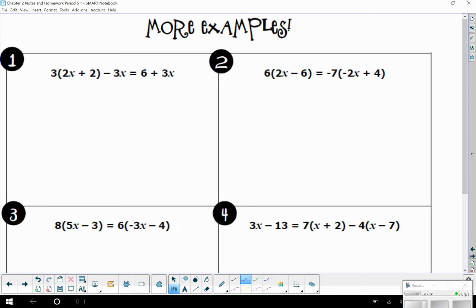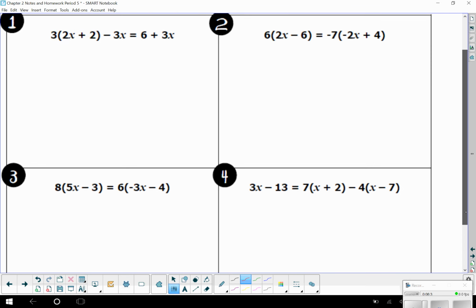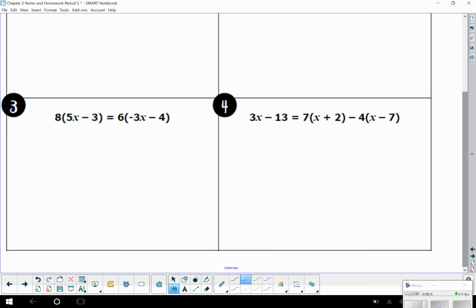So what I'd like for you to do on the rest of 9, I'll do a problem. How about if I just do number 4? You guys can deal with the rest of them. So what you're going to do is distribute the 7, and then distribute this -4.